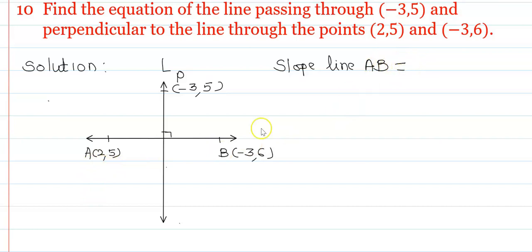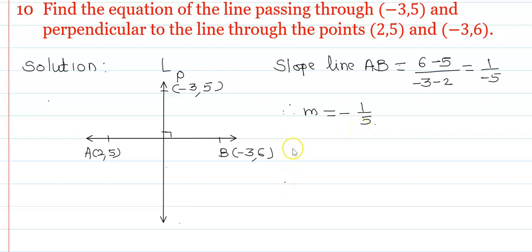Again, the difference of y coordinates upon the difference of x coordinates: 6 minus 5 upon minus 3 minus 2, that is 1 upon minus 5. Therefore, m is equal to minus 1 upon 5.